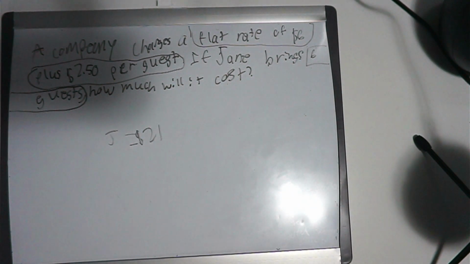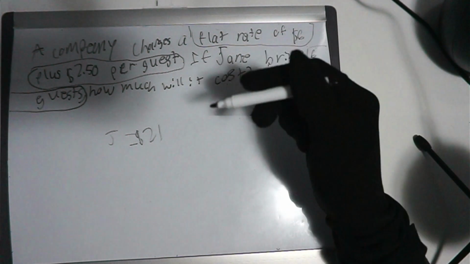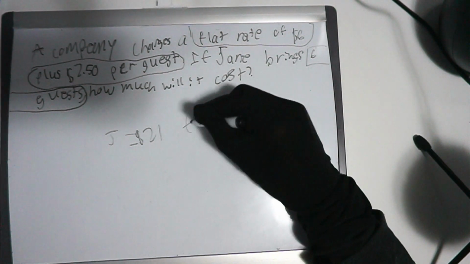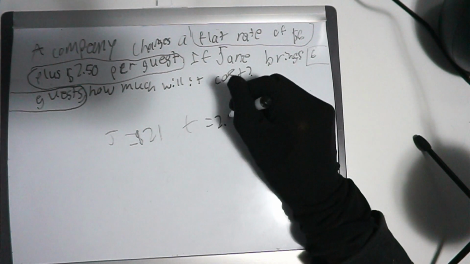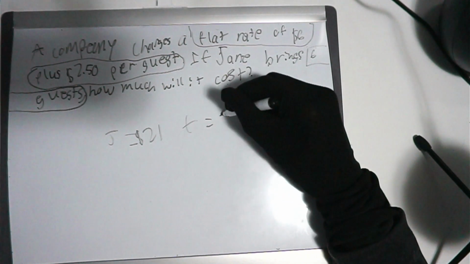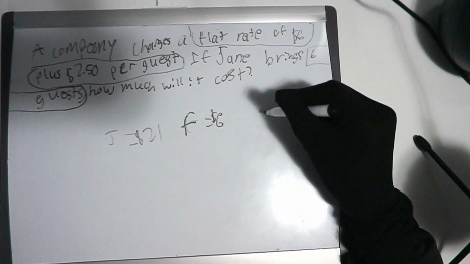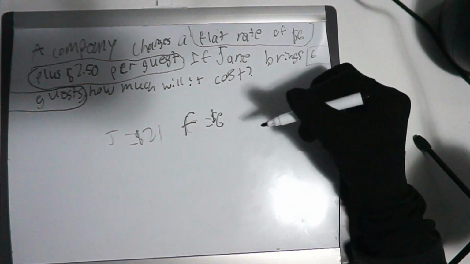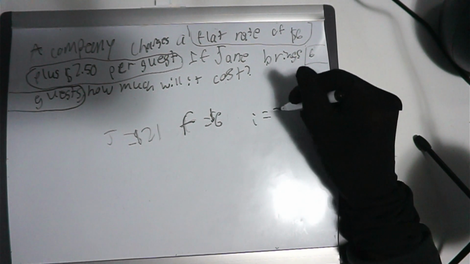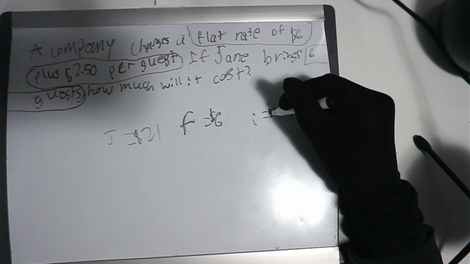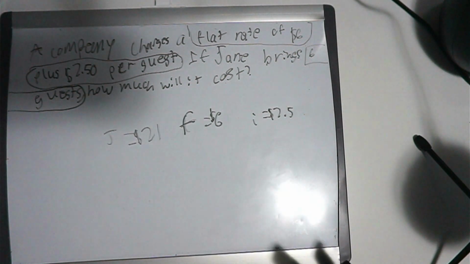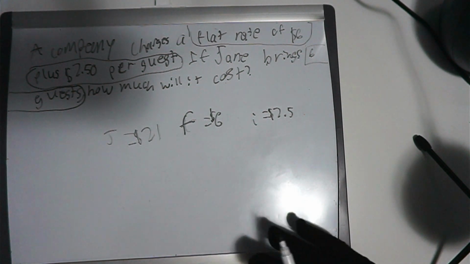So say if we knew it cost her $21 and we wanted to find how many guests she brought. So we knew the flat rate is $6. That is an F. And the increment rate is $2.5. It says 2.50, but 2.5 and 2.50 is the same.